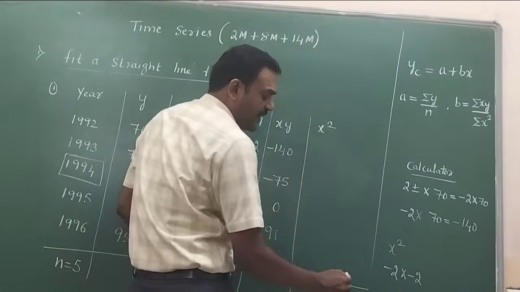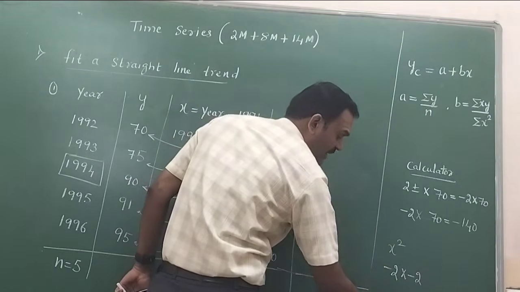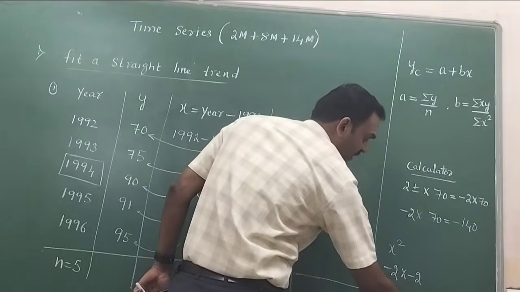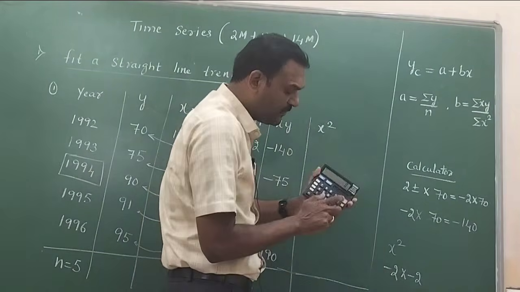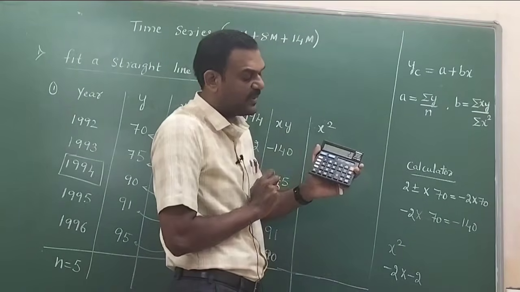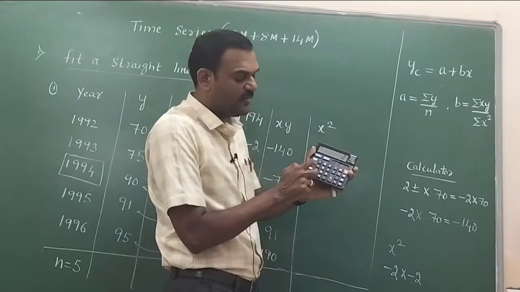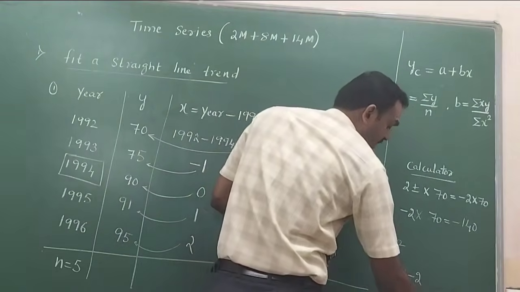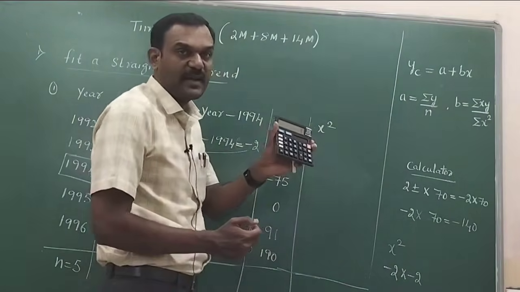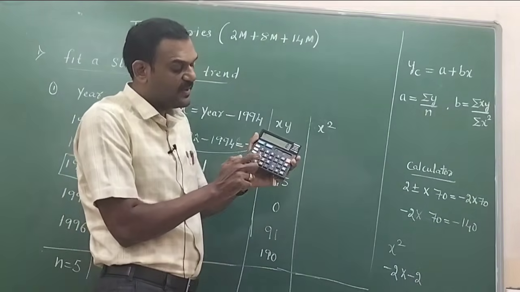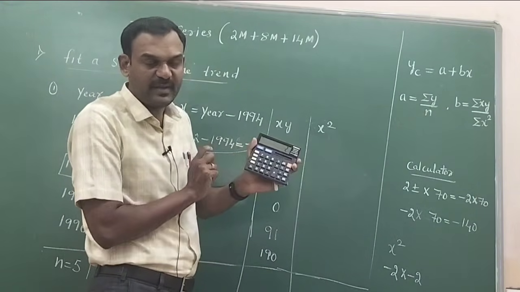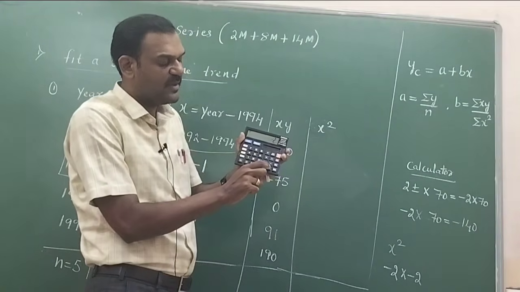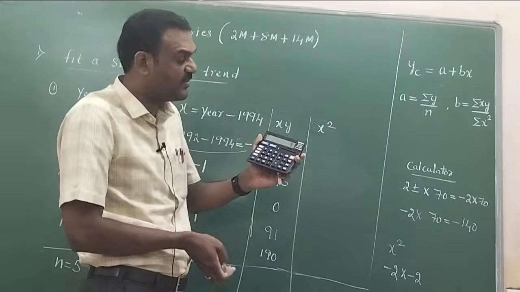Now on the calculator, first 2 plus or minus into 2 plus or minus, plus equals, which gives how much? Plus 4. This is the calculation.